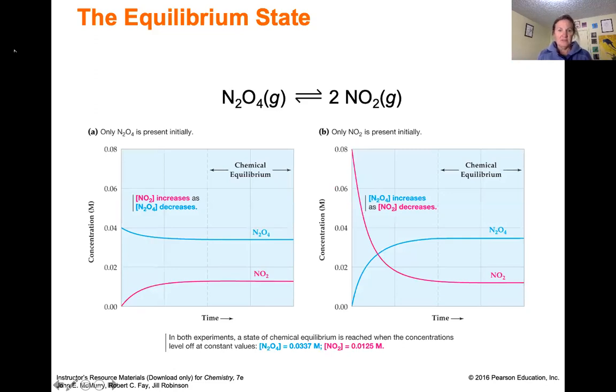So this is a picture of some experiments that were done on this reaction. On the left-hand side, you've started a reaction where you only have N2O4 and you have 0 NO2. Over time, their concentrations change. NO2 goes up, N2O4 goes down.